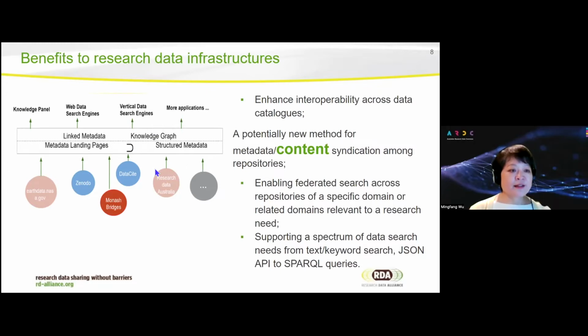Metadata is there on the web for everyone to crawl and consume. It enables federated search across repositories of a specific domain or related domains relevant to a research need. And it also supports a spectrum of data search applications, from text search and JSON API to SPARQL queries.